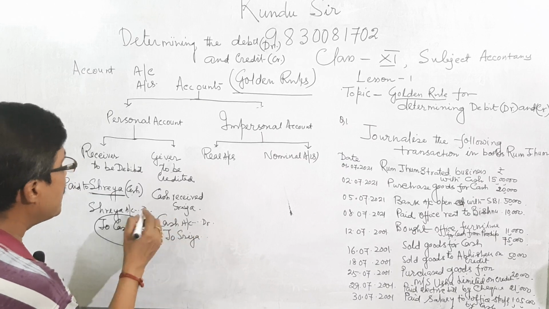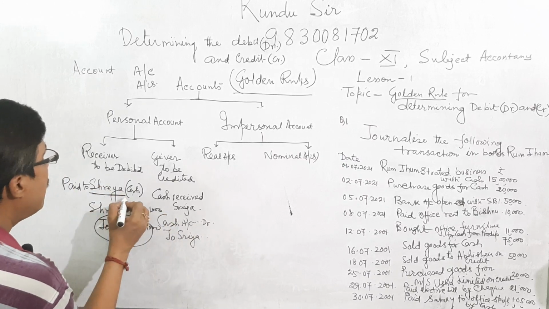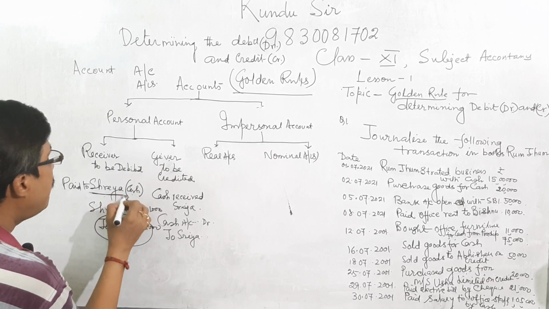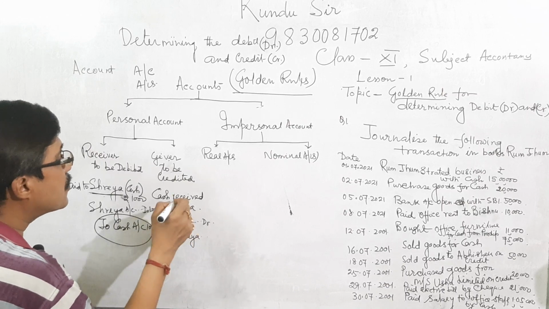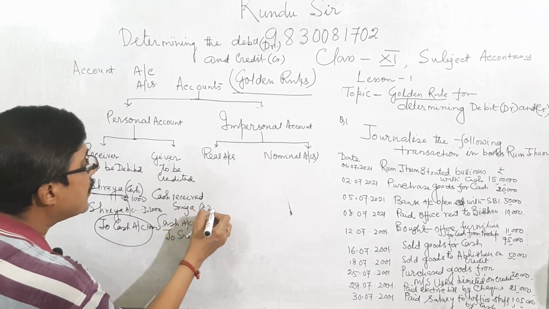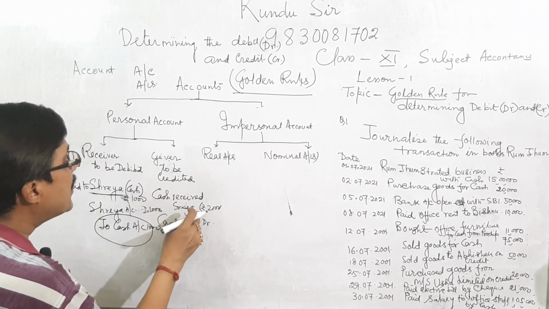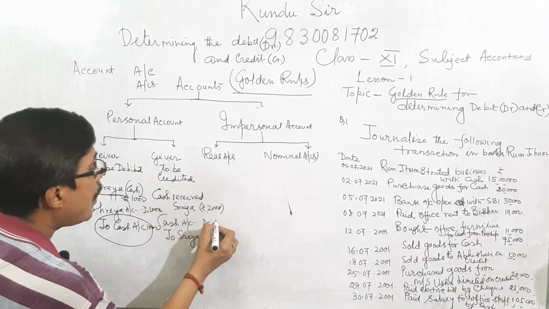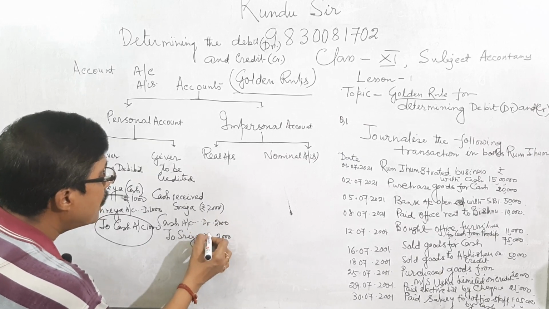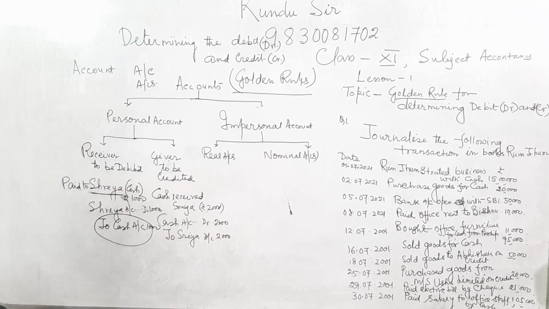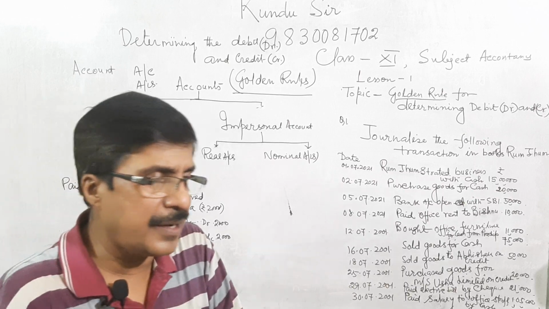It may be 1,000 for Shreya, and from Srija we have received cash rupees 2,000. So our cash account is to be debited and Srija account is to be credited. That means for a personal account, receiver debit and giver credit.